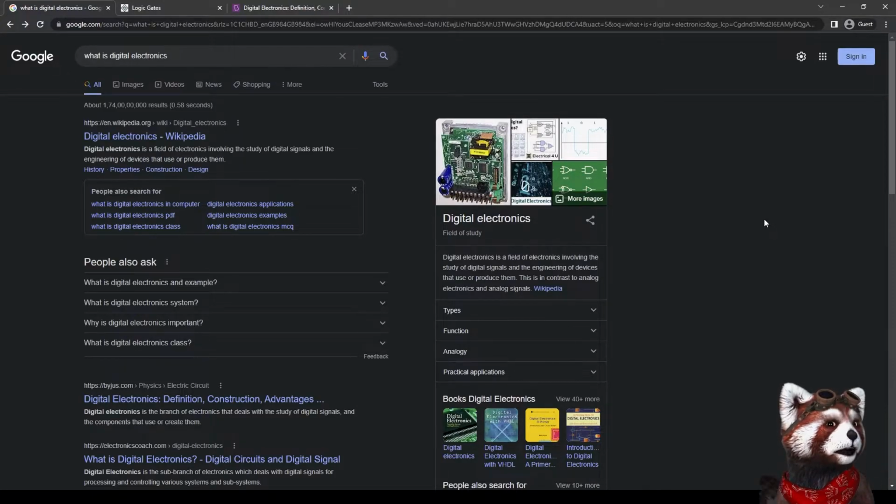So altogether, zero is a representation of low or 0 volt, and one is a representation of 5 volt or high. But digital electronics is not just about voltage, it is all about logic.